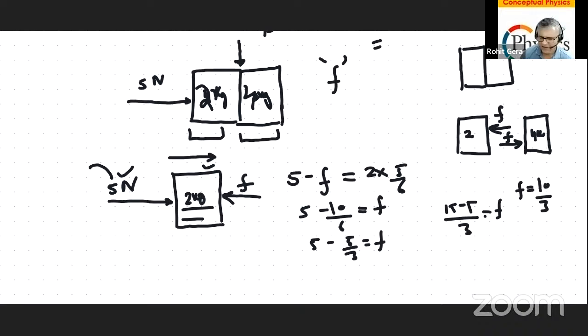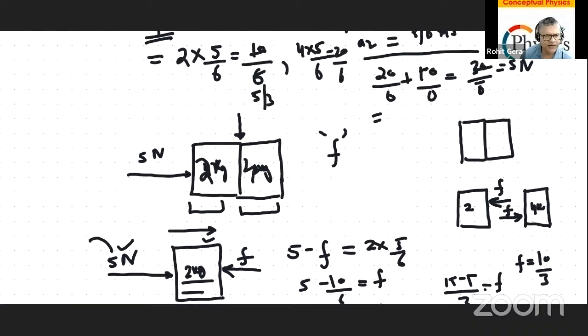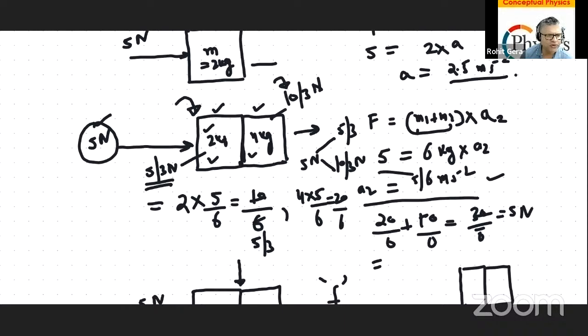So we were able to find a reaction force also. And if you notice, the 10 by 3 force you've got is same as the force which is acting on the 4 kg when we use the concept of second law.